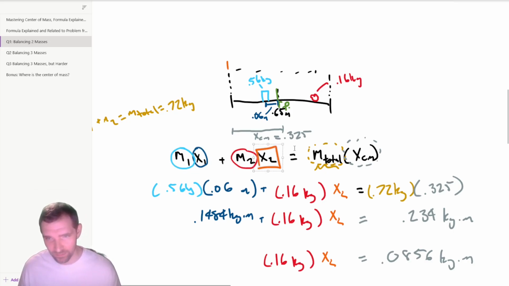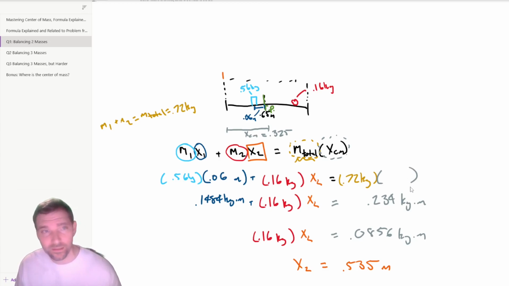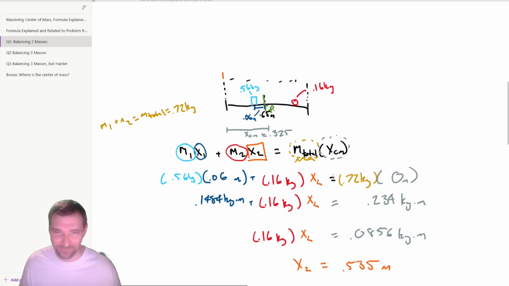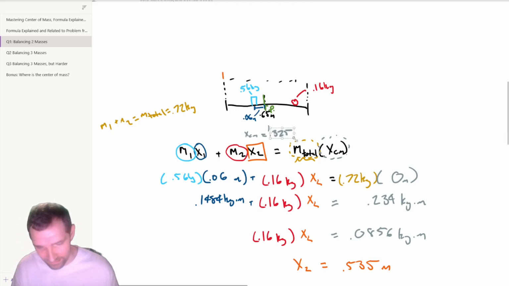We do not have the displacement of x2, but we do have m total indirectly. Once again, we can get that from these other two masses. And this displacement, for the x center, is 0 because we're at the center of mass. So you're 0 meters away from the center of mass, and your reference point is the center of mass. We're just going to say that that is 0 on our diagram.